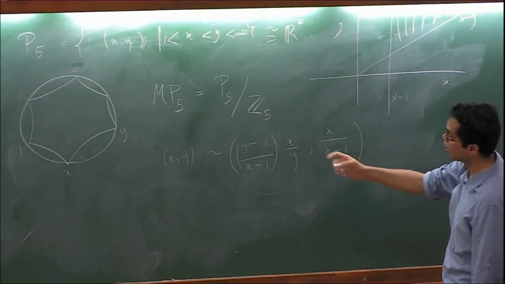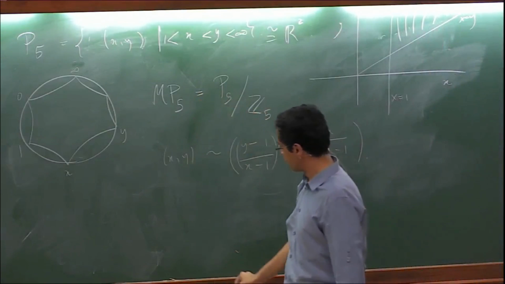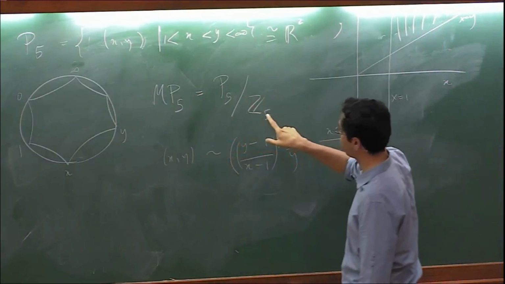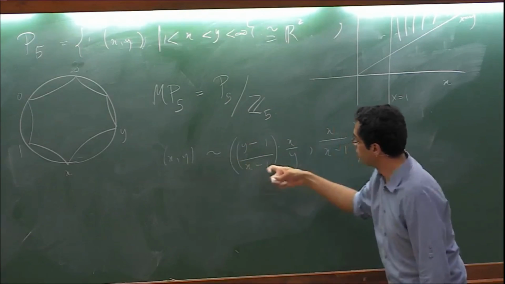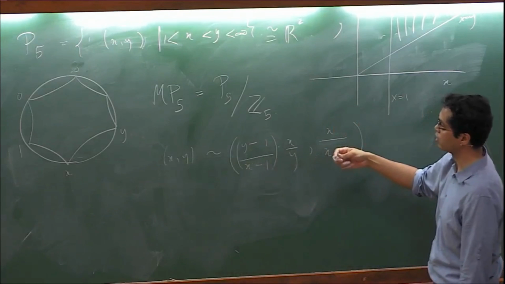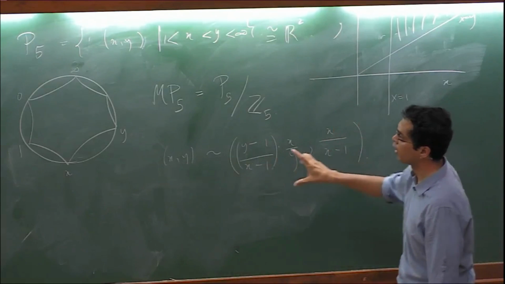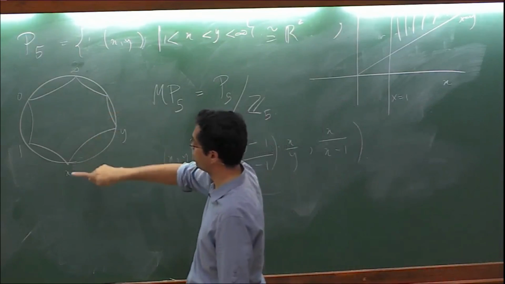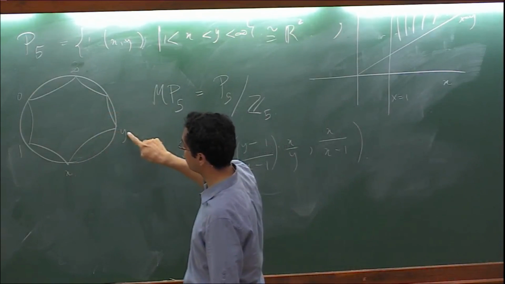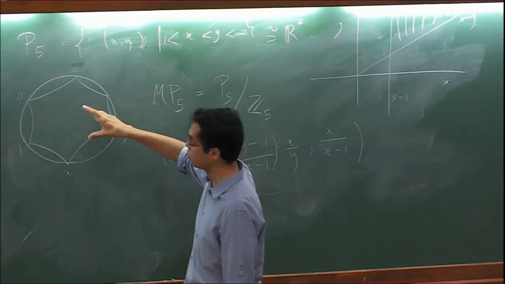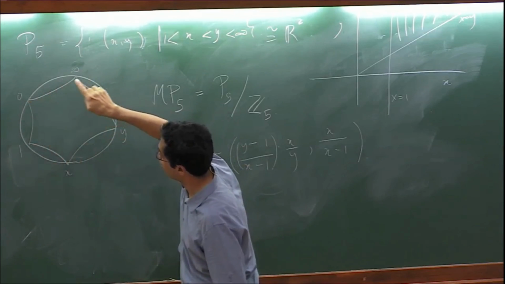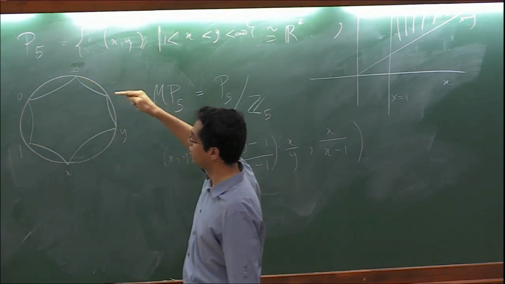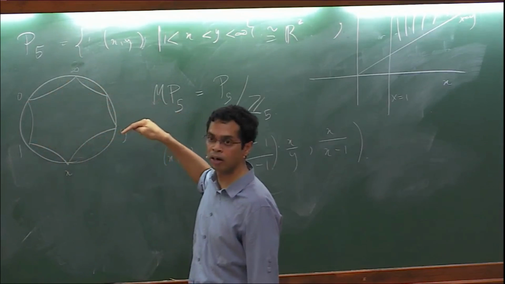But the moduli space is the quotient by this action of the cyclic group of order 5. This action is obtained by calculating what happens to the cross ratios x and y at these vertices, if you take a different vertex to infinity, and the following vertices to 0, 1, and xy.